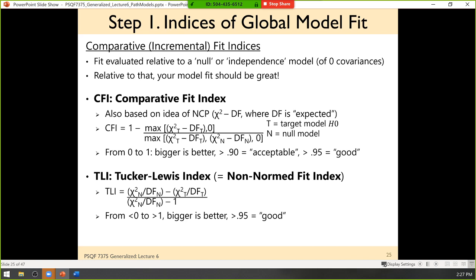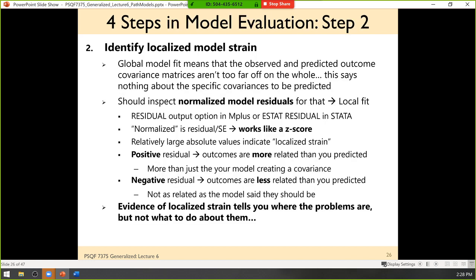But to troubleshoot it, like if you get statistics back that say your model's not good enough, to try and figure out where the problem is, that's the diagnosis of local misfit. Like, why is the model not good? Where is the problem? And so to do that, what we have to look at is the literal mismatch between what the model says your predicted associations are and what the data say.